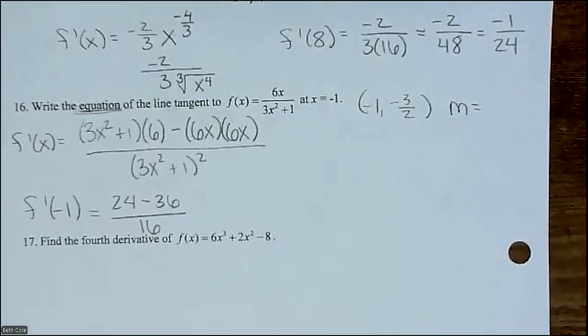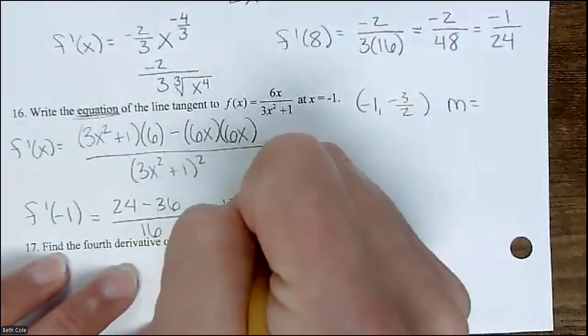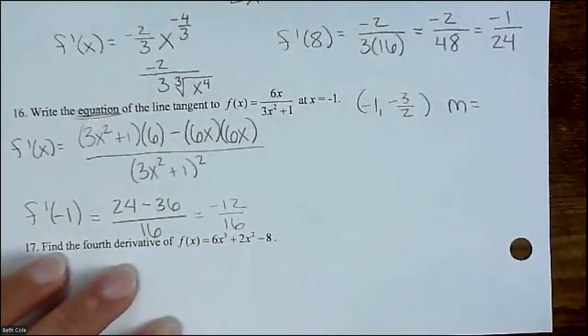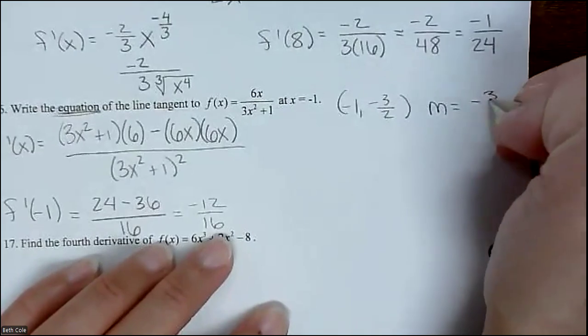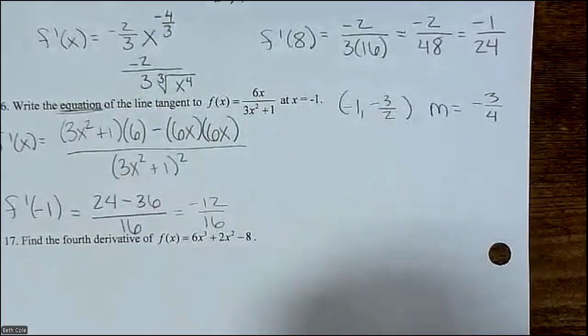Did I do that right? 16. 24 minus 36 is -12. And then that would reduce to -3/4. Thank you for not saying -0.05.